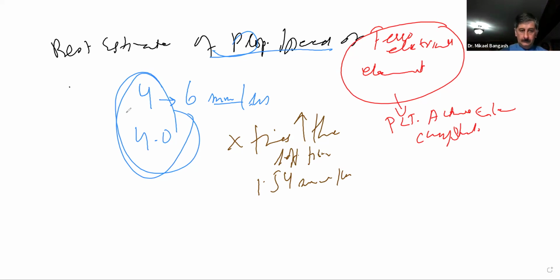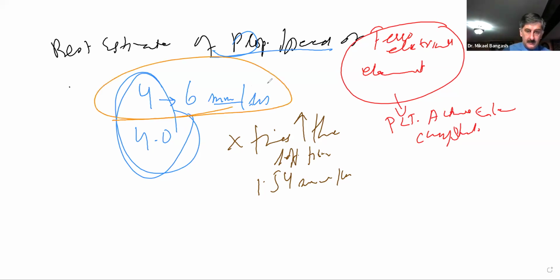So this value here was actually just given in the text. Anybody else?